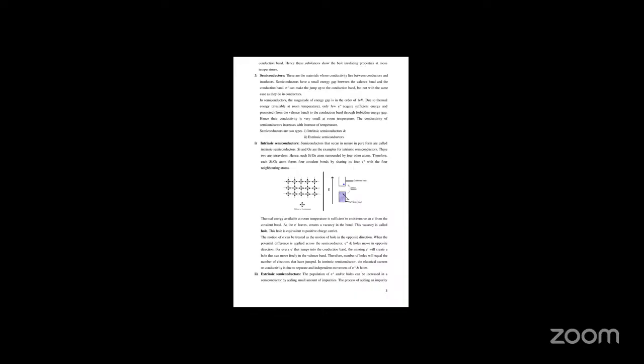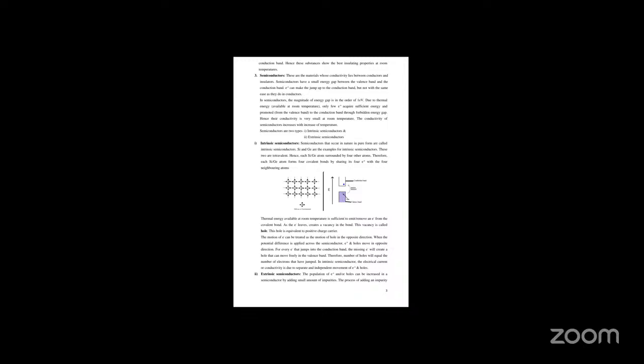In these, a very few number of electrons are transferred from the valence band to the conduction band. Therefore, conductivity will be low. That is called a semiconductor.